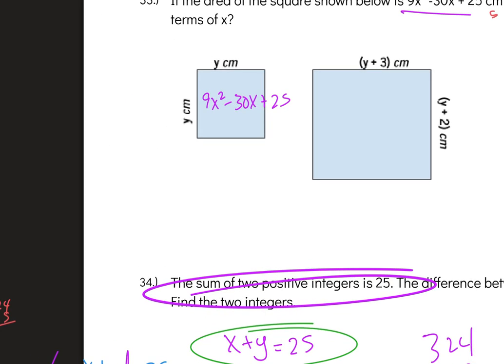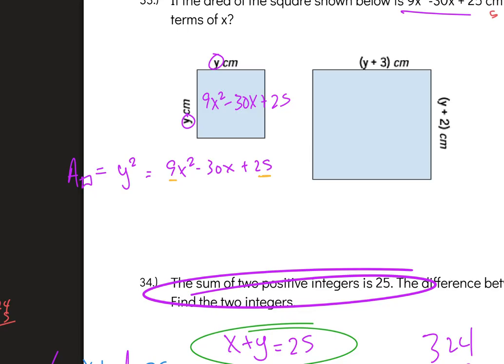And we could do this. The area of that square is really y squared because it's y times y. And what we're going to do is that equals 9x squared minus 30x plus 25. Well, check this out. That's a perfect square.